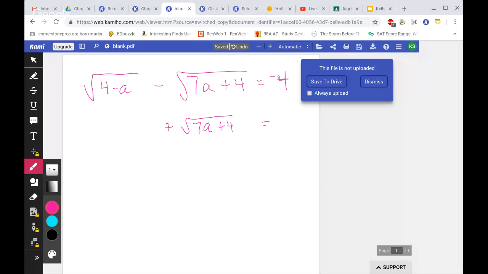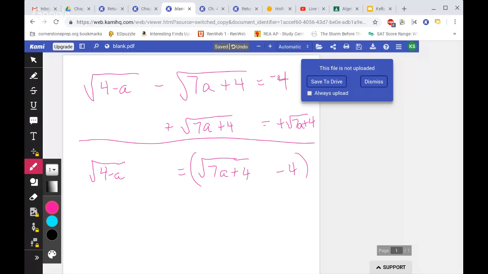But you're going to be foiling two radical things, and my preference is to just have one of them when I'm foiling, because they're going to become binomial expressions. You've got 7a plus 4 minus 4 under the radical.